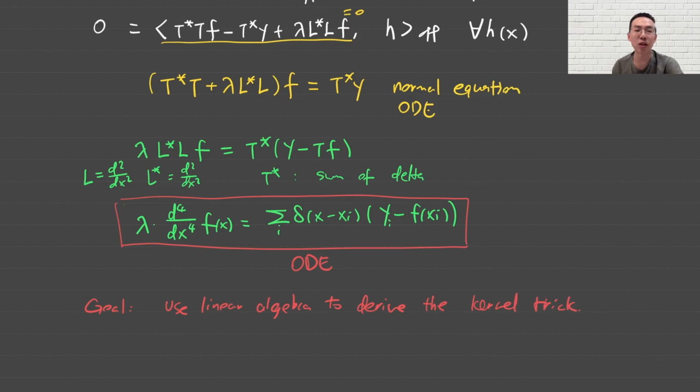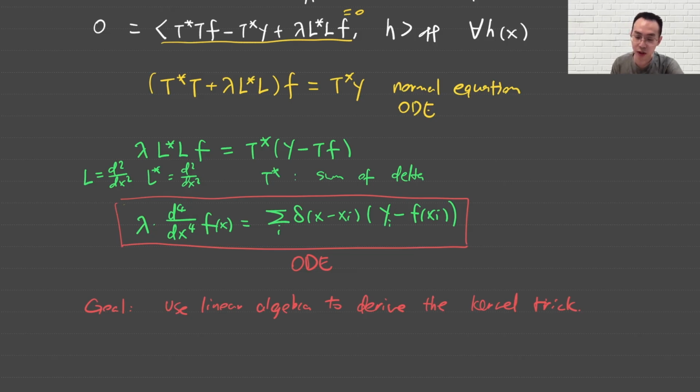This kernel trick derivation is going to be very general. It not only applies to the smoothing spline problem, but applies to the kernel ridge regression problem in general, which takes place in the Hilbert space. So the smoothing spline is just a special case of that.